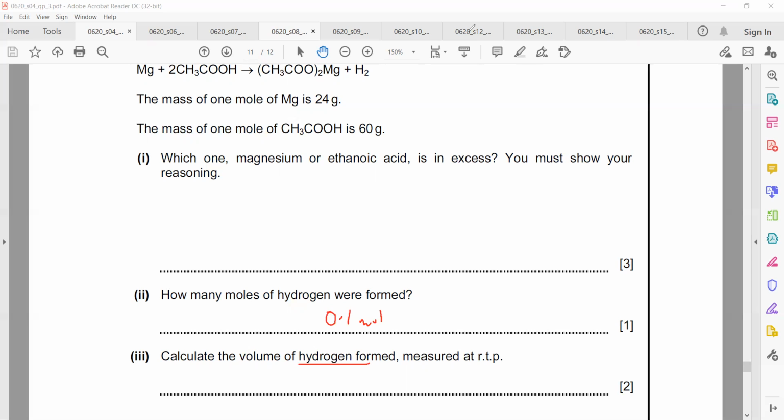So that is the formula to relate the moles of a gas with the volume, and then 0.1 multiplied by 24. 0.1 are the moles, and because it's divided by 24, 24 will be multiplied. You will get the answer as 2.4 decimeter cube.